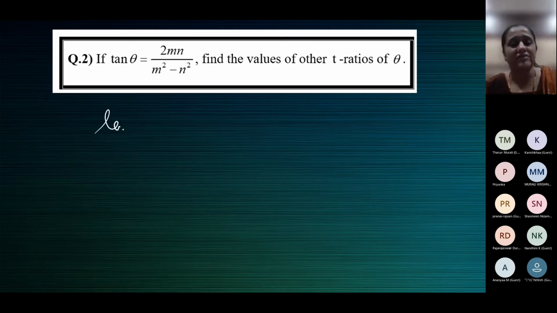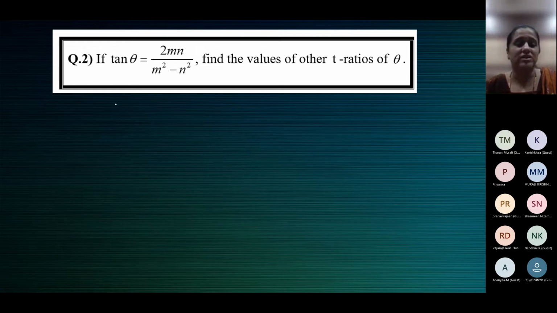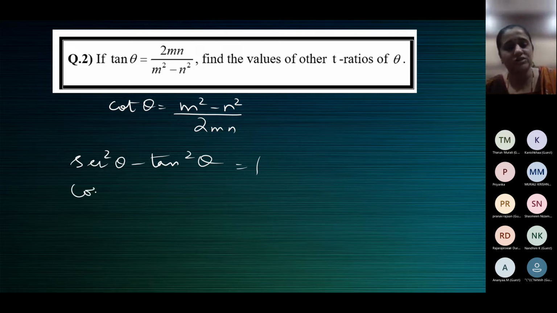When you're given tan theta, that means you also have cot theta. Cot theta is equal to m square minus n square by 2mn, the reciprocal of tan theta. So you can also use an identity which has cot in it, cosecant square theta minus cot square theta is 1.